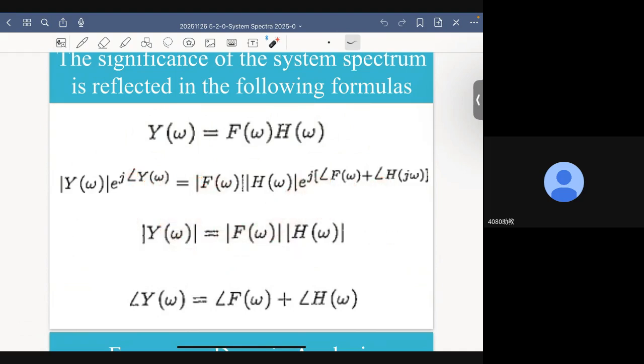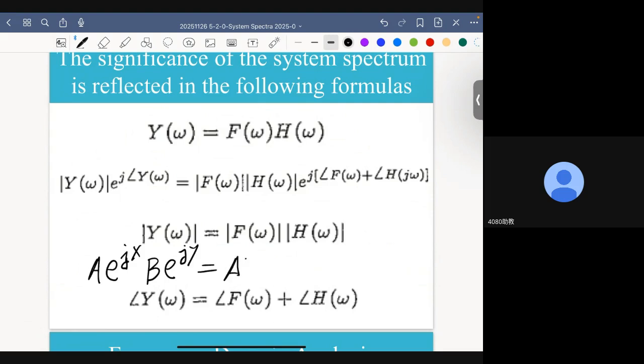So the product of F of omega and H of omega is this. When I multiply A e to the jx with B e to the jy, what I will have is A times B times e to the power j of x plus y.